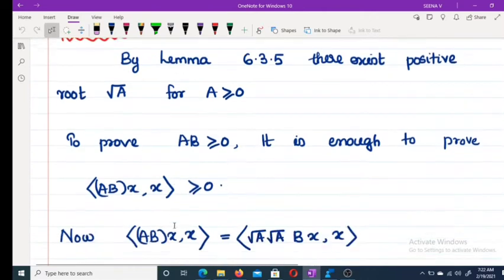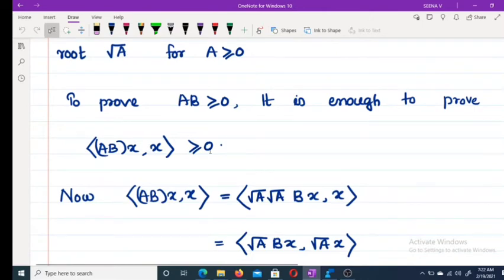We have to prove inner product of ABx, x greater than or equal to 0. This is the definition of non-negativity. A greater than or equal to 0 implies inner product of Ax, x greater than or equal to 0. So ab greater than or equal to 0 means inner product of ABx, x greater than or equal to 0.